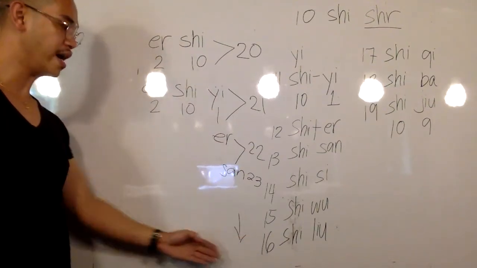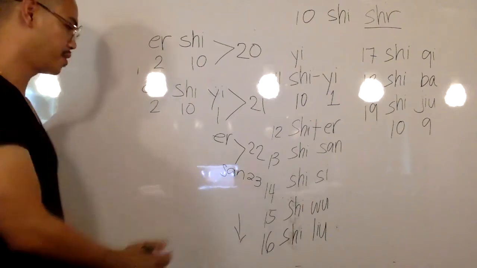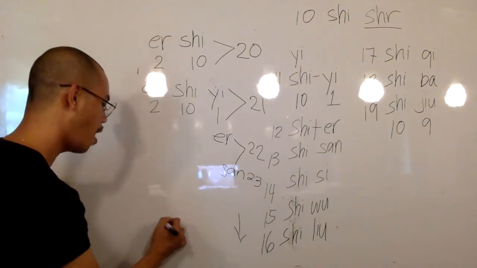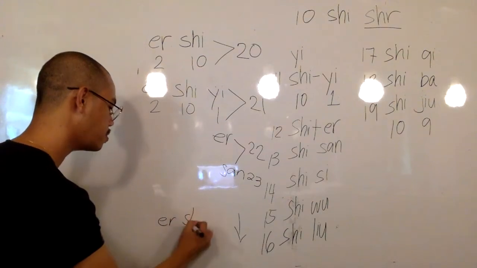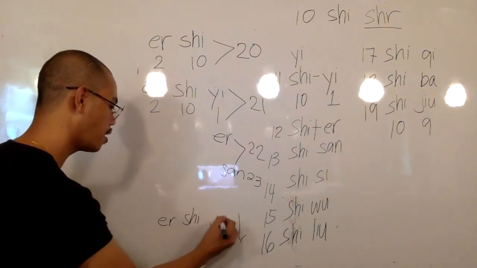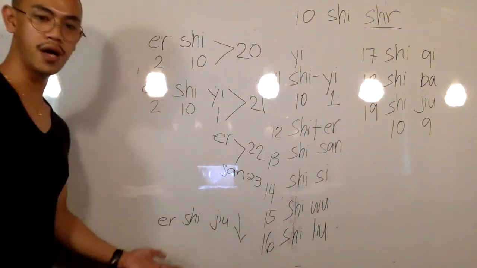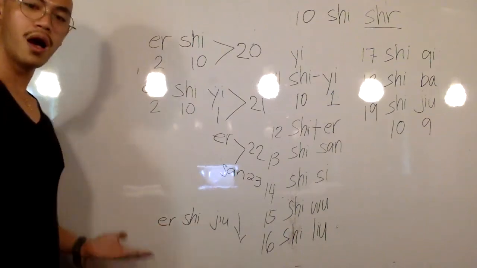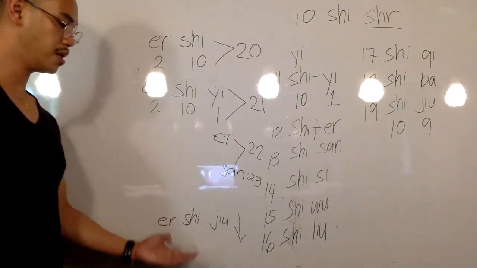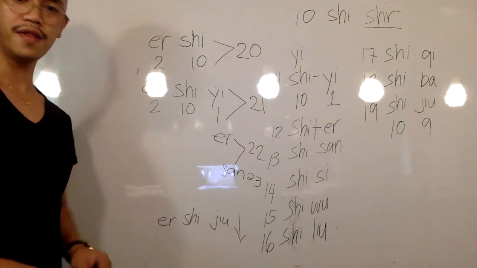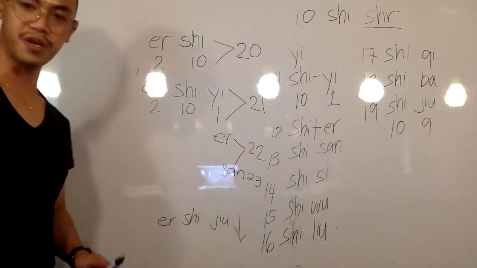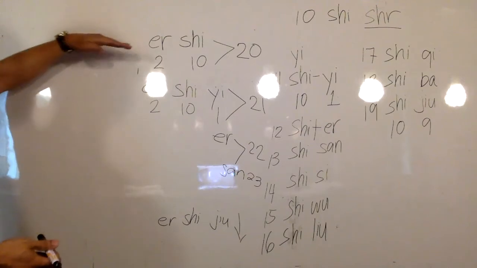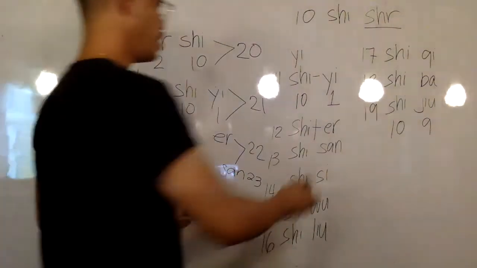When you reach 29, the pattern is still the same. So 29 will be er shi jiu. Then how do you say 30? We need to follow the same format. Okay?